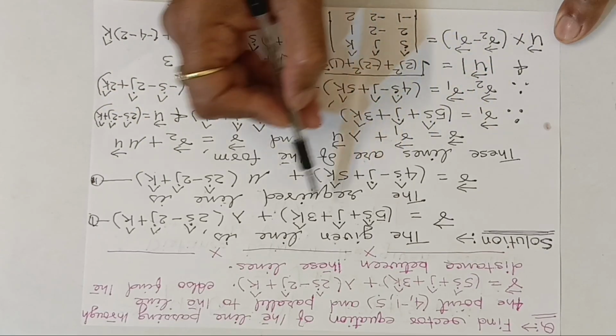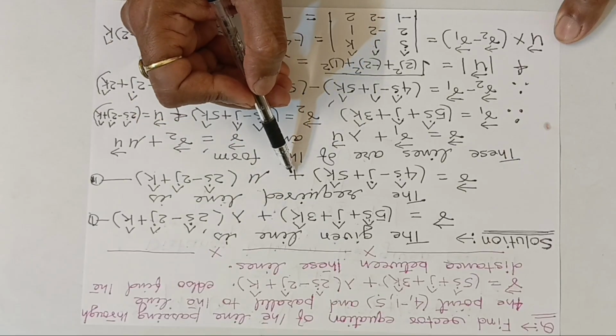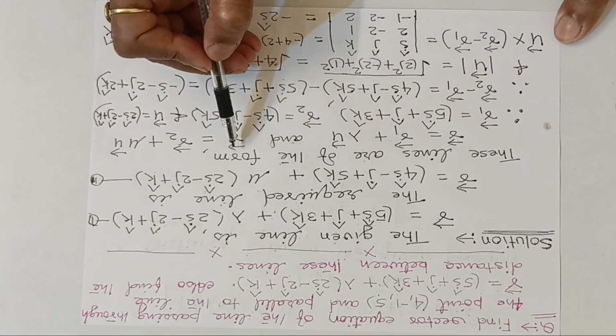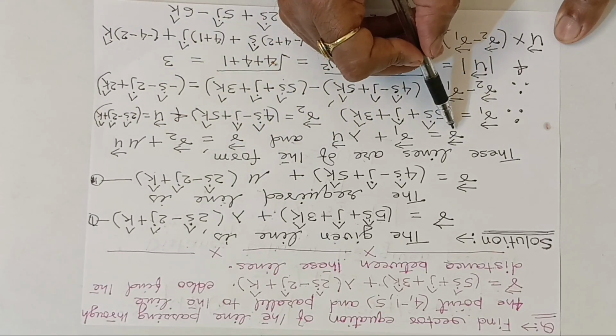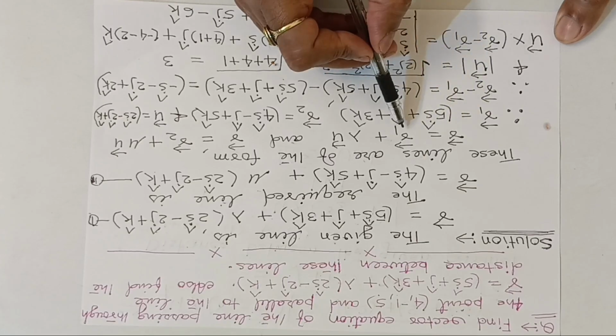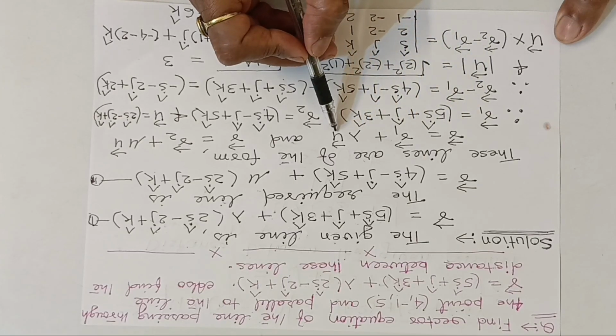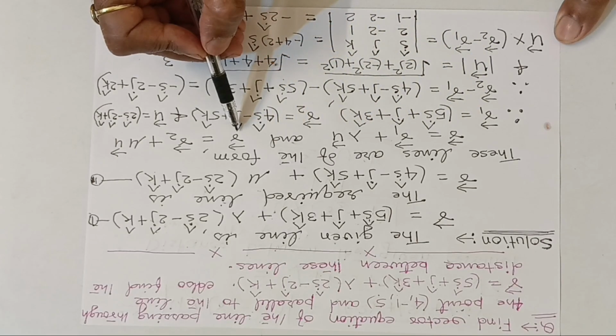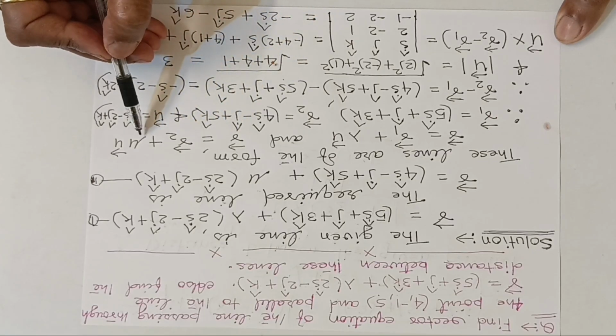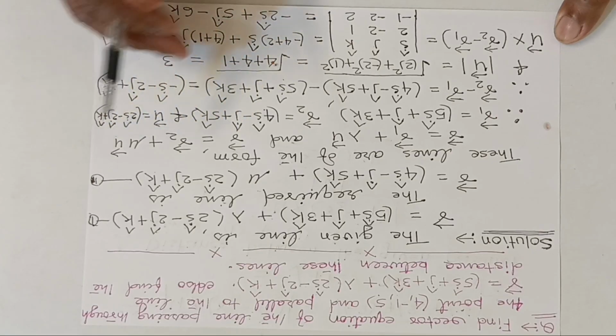These lines are line 1 and line 2. These lines are of the form vector r = vector r1 + lambda vector u, and vector r = vector r2 + mu vector u.